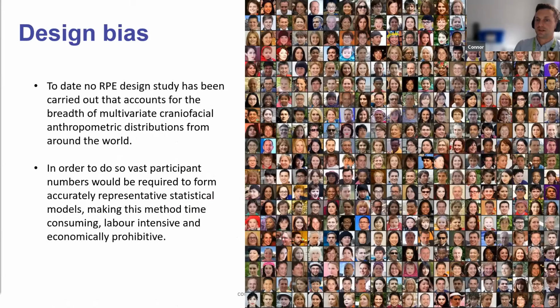So in order to create enough product variants, or to find that perfect model that's going to cater for everyone, you would need a sample population that's large enough and varied enough to account for all of the multivariant shapes and anthropometric distributions on all of our faces.